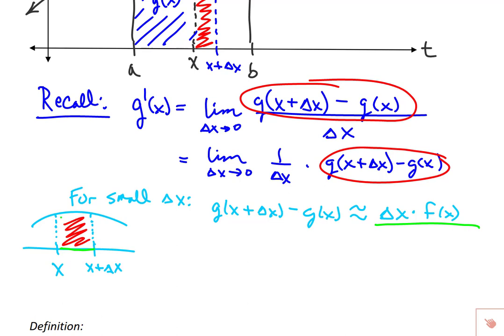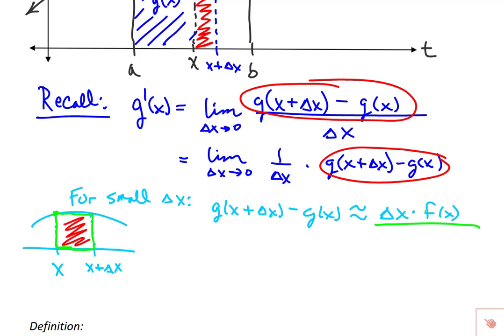Now f of x, remember f is our curve, it was an f of t curve, so f of x would be the height of the curve at x. Well, if I use that height as the height of a rectangle and the base being from x to x plus delta x, then that's what this right side delta x times f of x is, a base times height of this now light green rectangle I've drawn in our secondary picture here.